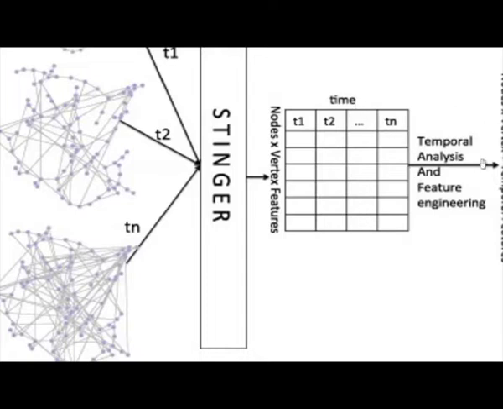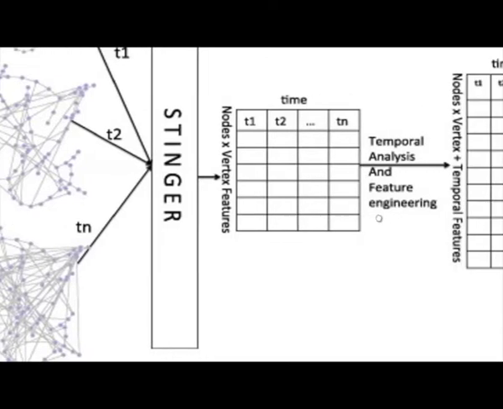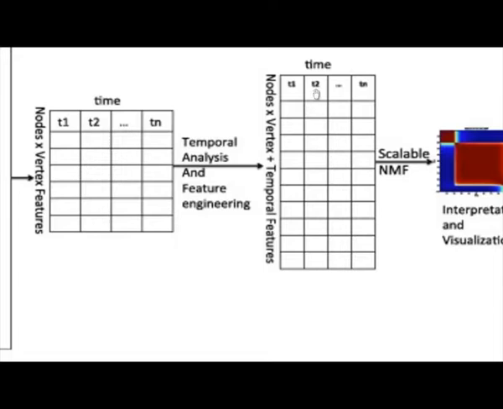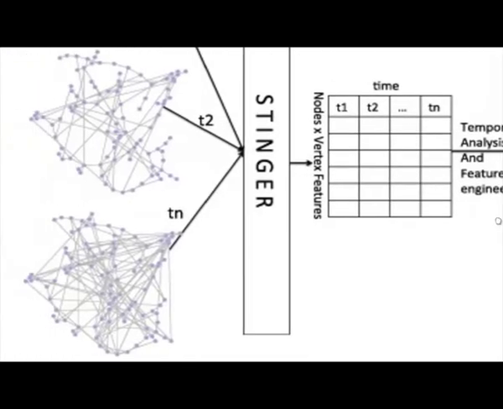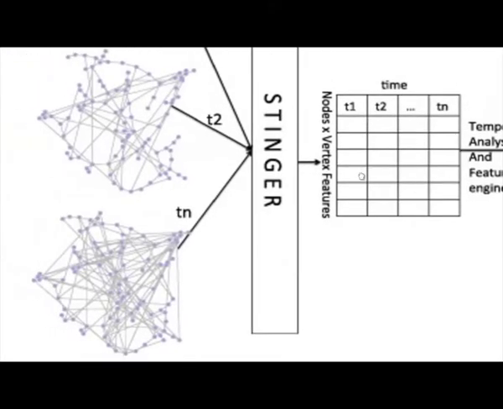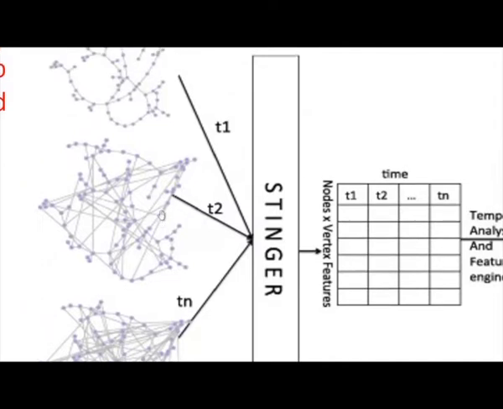Now, when you are using these features for temporal analysis, the time along with the node vertex information supplemented with temporal features can be used for providing a better visualization of the given data, and hence interpretation may be very easy. If the node edge diagram representing the given matrix is drawn, then it may look like this. So, you may end up with different types of node edge diagrams or tree structures.